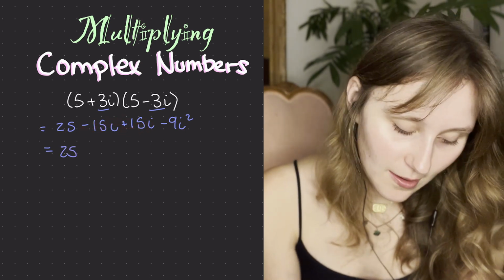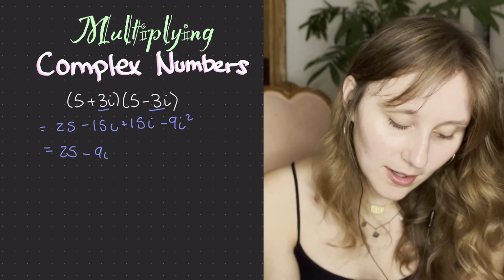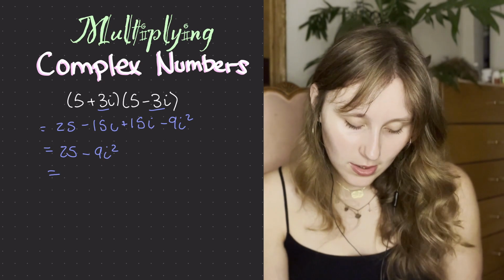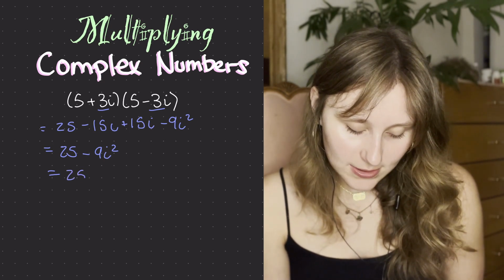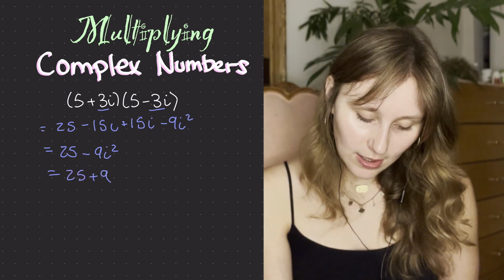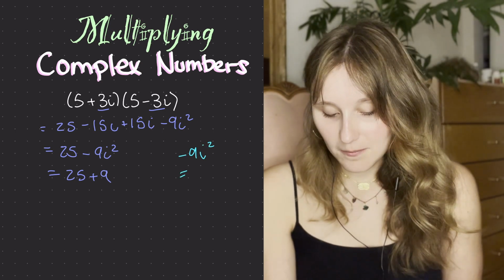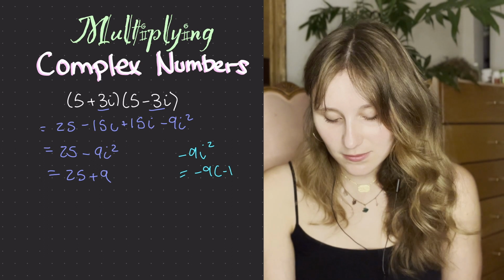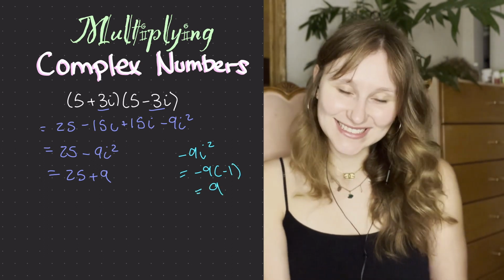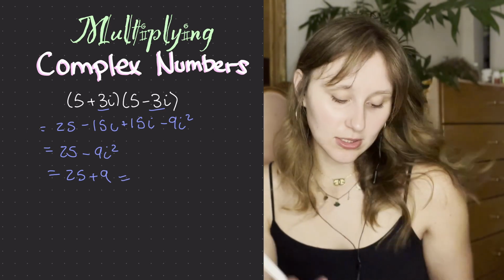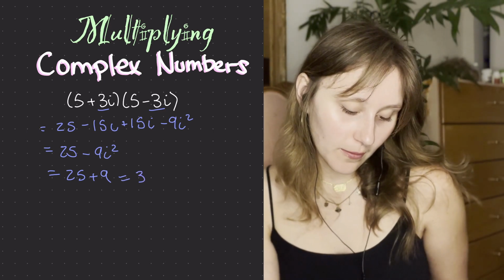And then we just get minus 9i squared. Then we get 25 plus 9. This minus 9i squared is going to be equal to minus 9 times minus 1, that equals 9. And then, of course, we can combine those real numbers to get 34.